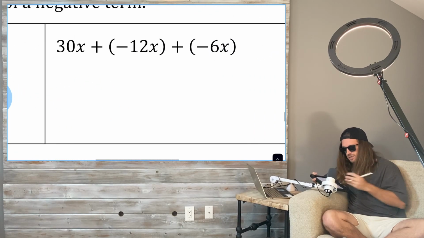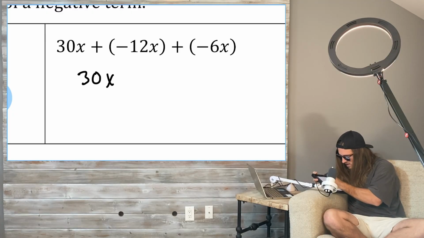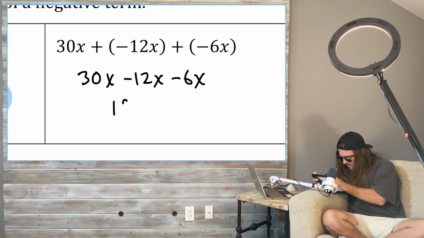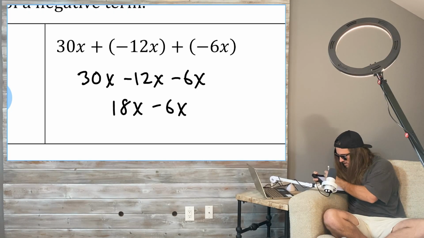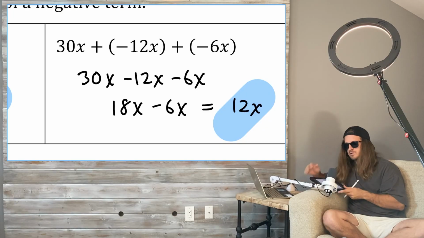Same thing here. All this plus a negative really just means minus. This is 30x minus 12x minus 6x. 30 minus 12 is 18, minus 6 is 12. The x just goes along for the ride.